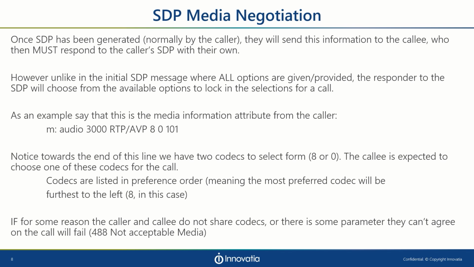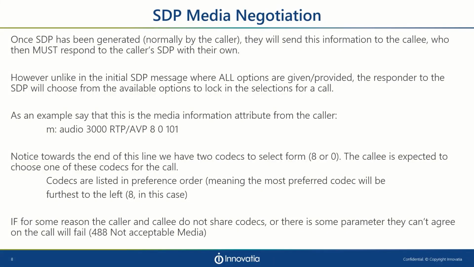Now, if during initial call setup there is some sort of problem or issue with the negotiation, very commonly when both sides don't have a shared supported codec, the call will fail at that point without any user necessarily having to answer or interact with their phones beyond simply dialing a number.